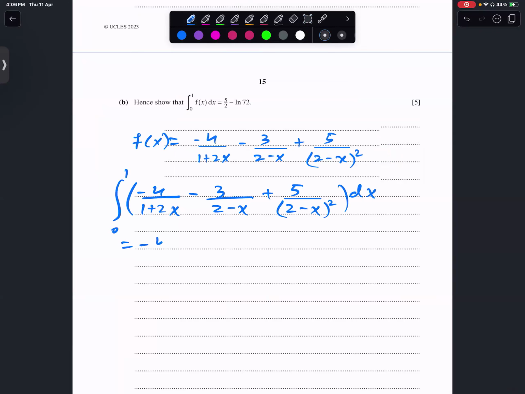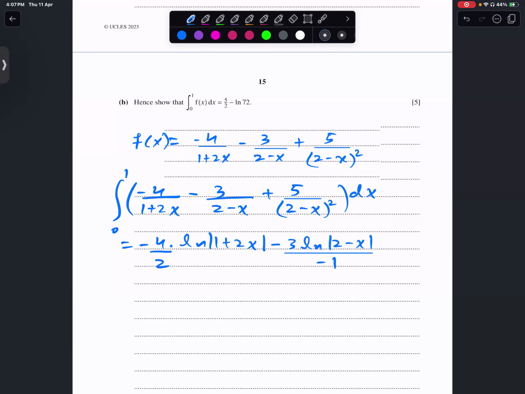The integral of the first part will be 4 natural log of 1 plus 2x divided by the derivative of 1 plus 2x, that is 2. Then minus 3 times natural log of 2 minus x divided by the derivative of 2 minus x, that is minus 1.